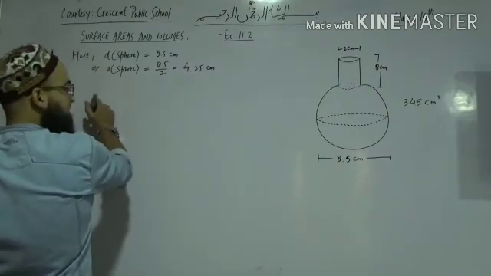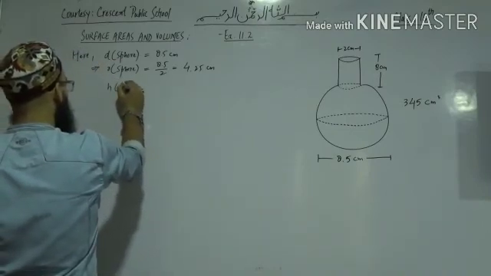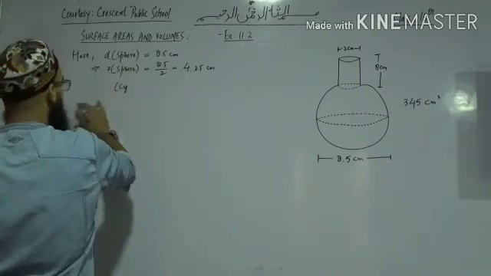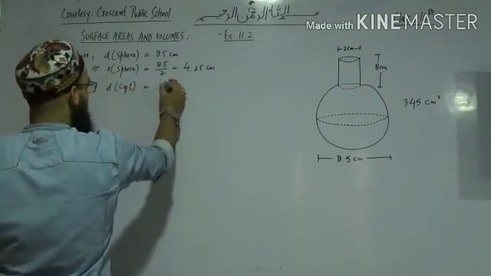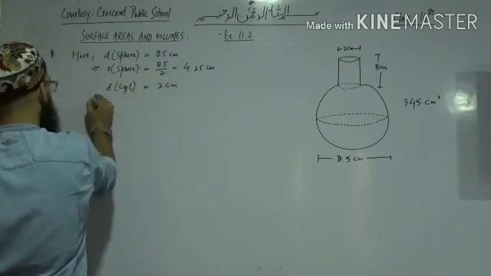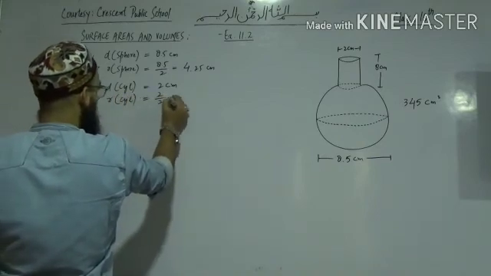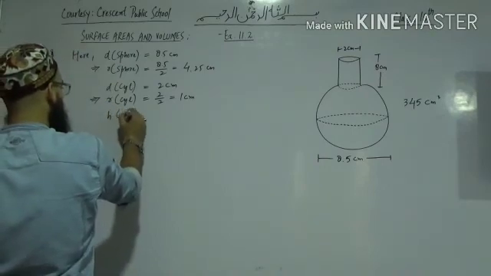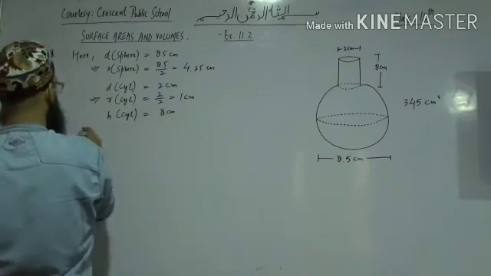Now, first write down radius of cylinder. Diameter of cylinder is 2 centimeter, which implies that radius of cylinder is 2 by 2, that is 1 centimeter. And height of cylinder is 8 centimeter.